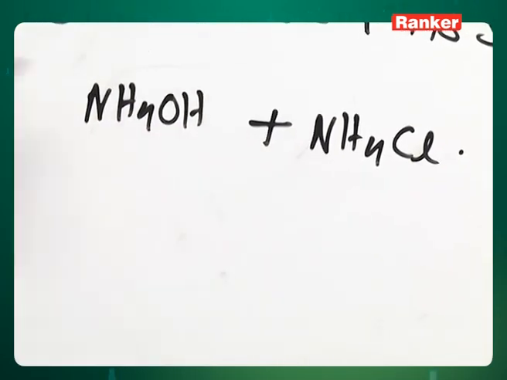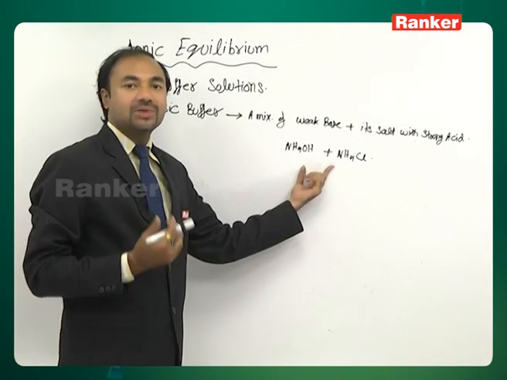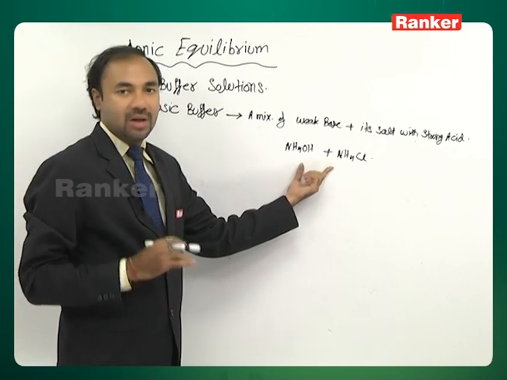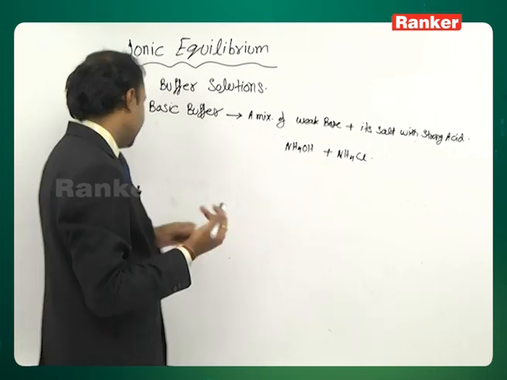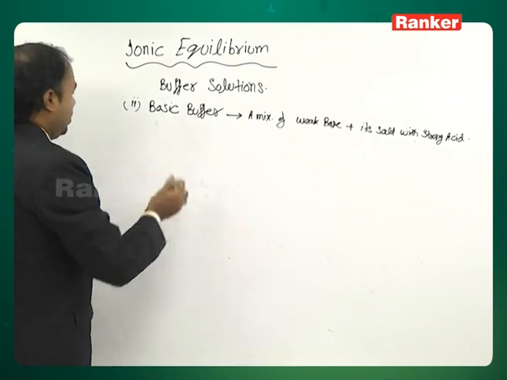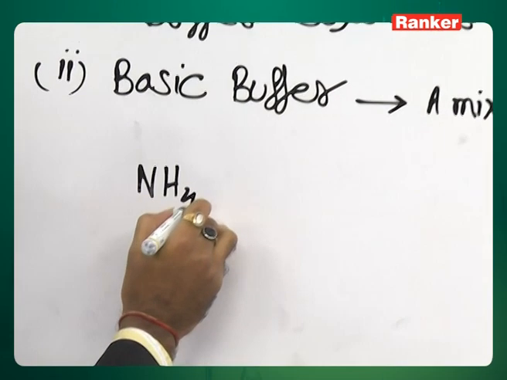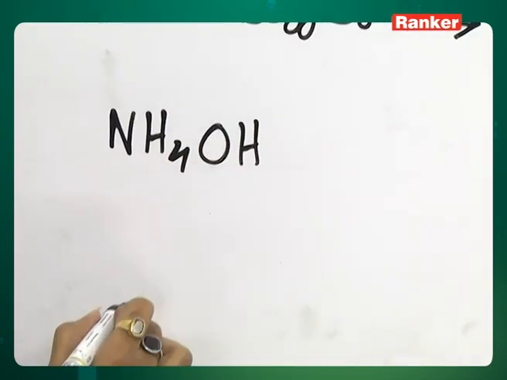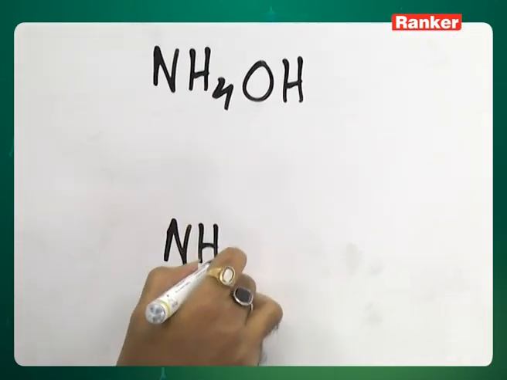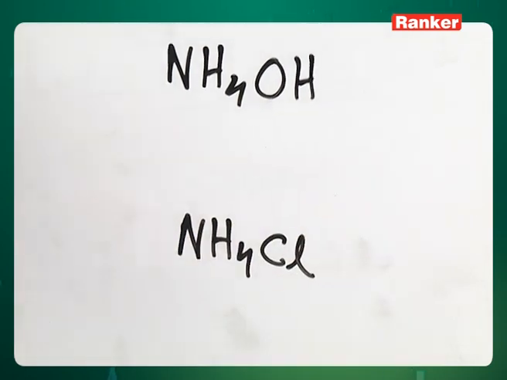If a basic buffer is given to you and you are asked to find the pH of this solution, how do we do it? See that. Quite similar to the first case, we have here ammonium hydroxide and ammonium chloride, NH4Cl.